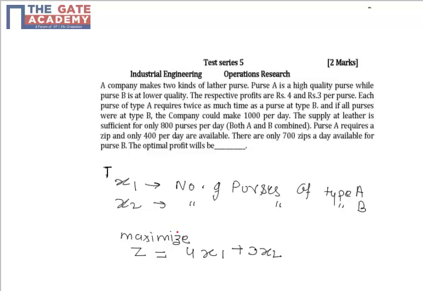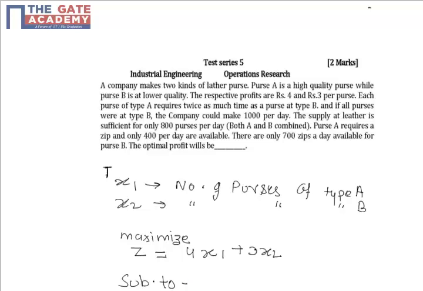Now we have to find out the constraints which it is subjected to. It is given that each purse of type A requires twice as much time as purse type B, and if all purses were of type B, then the company could make 1000 per day.